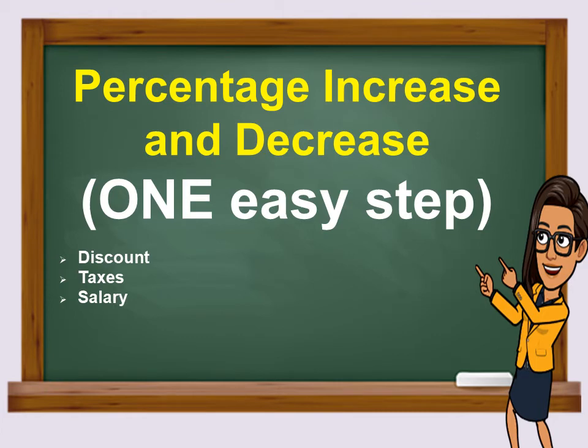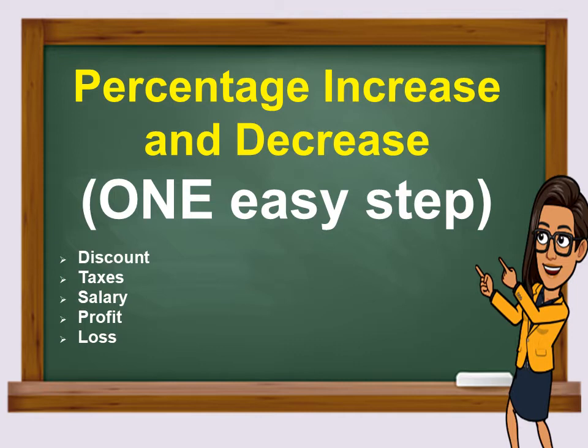Salary, sometimes applying commission, percentage increase. Profit, that's a percentage increase. Loss, that's a percentage decrease. So there are different elements or different tasks that result in a percentage increase or decrease.